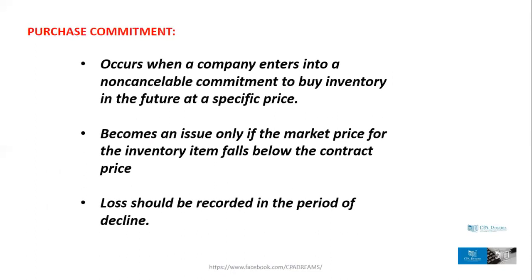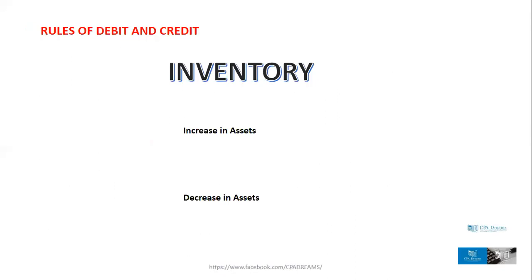Purchase commitment, so this occurs when a company enters into a non-cancelable commitment to buy inventory in the future at a specific price. So meaning, merong commitment na hindi na pwedeng i-cancel. Okay? Now, ang rules of debit and credit, increase in assets, debit, decrease in assets, credit. So yun yung rules of debit and credit sa inventory natin.